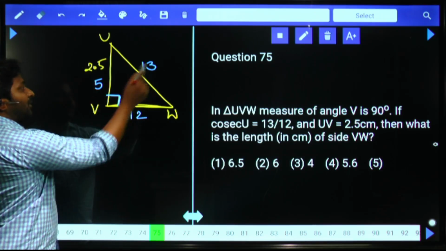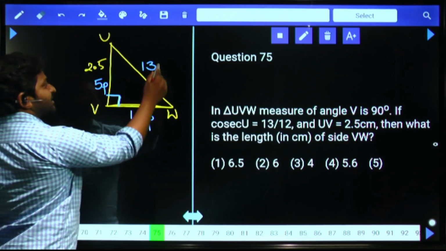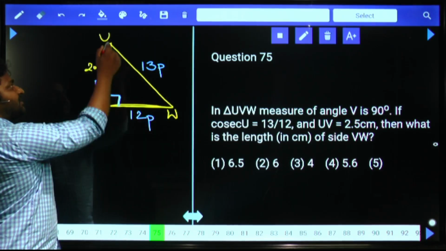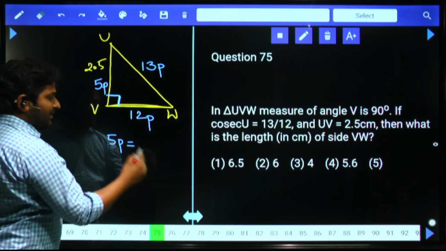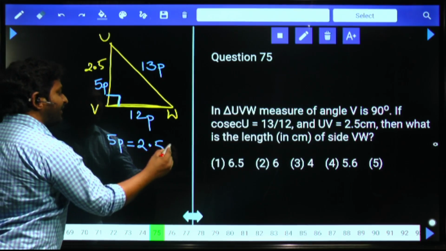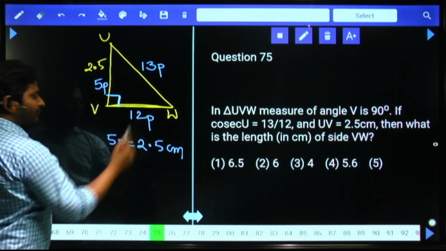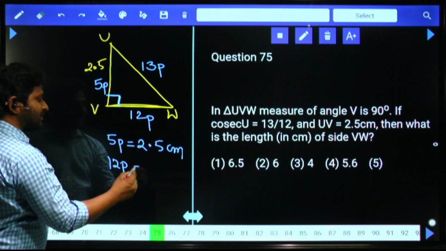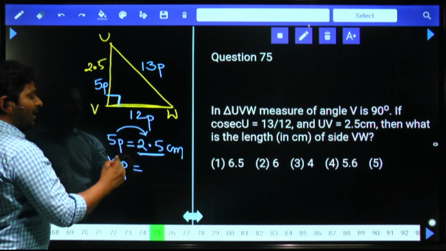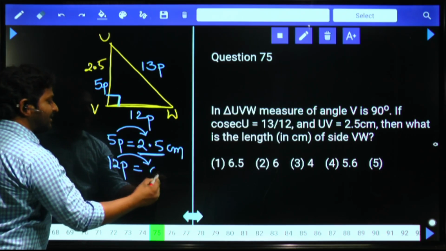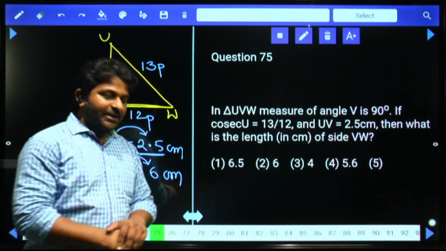Now all three sides will be in the ratio 5 parts, 12 parts, and 13 parts. 5 parts is equal to the length of UV, which is 2.5 centimeters given in the question. If 5 parts is equal to 2.5, your question is about VW, which is 12 parts. Half of 5 we have, so half of 12 we should have. Half of 12 in the sense 6 centimeters. 6 centimeters must be your answer. That is the second option. Right?